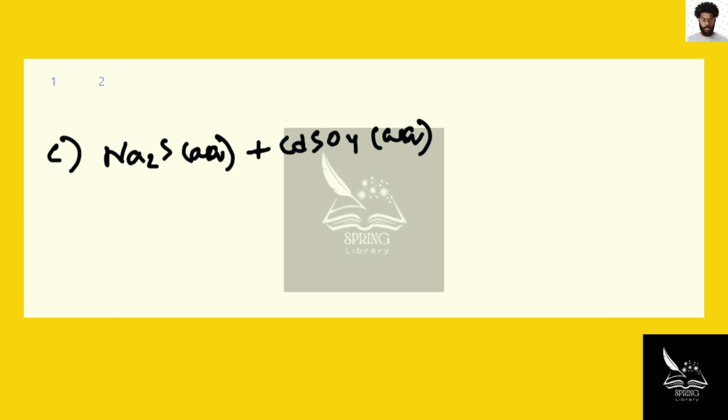And in this reaction, we will have sodium sulfate, which is soluble in water, as we know that all alkali metal compounds are soluble, and we will have cadmium sulfide.